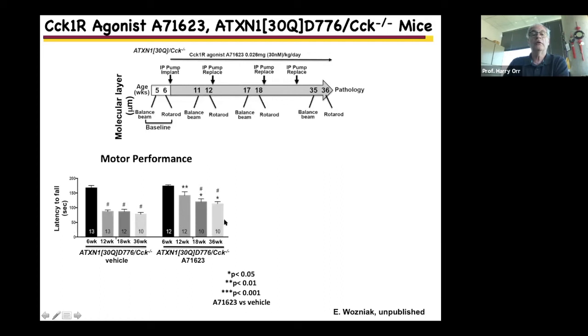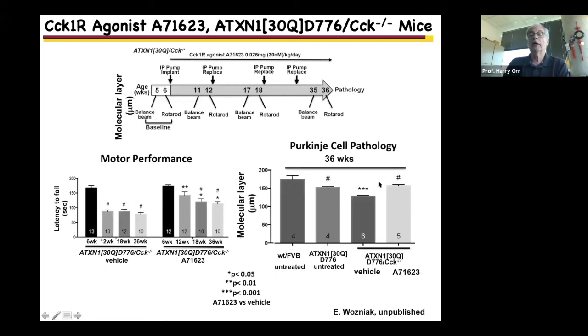You can see this loss of performance is dramatically diminished in those mice that receive the agonist. And correspondingly, the atrophy of the molecular layer in mice receiving the vehicle was protected in mice receiving the agonist. So in this system, the activation of the CCK1 receptor seemed to give us a protective effect against the disease.